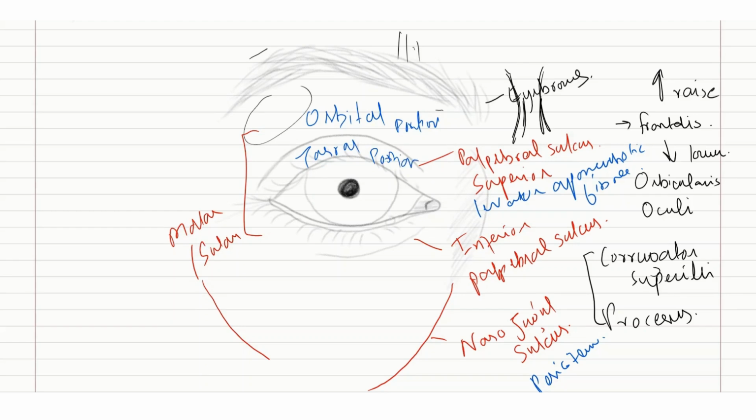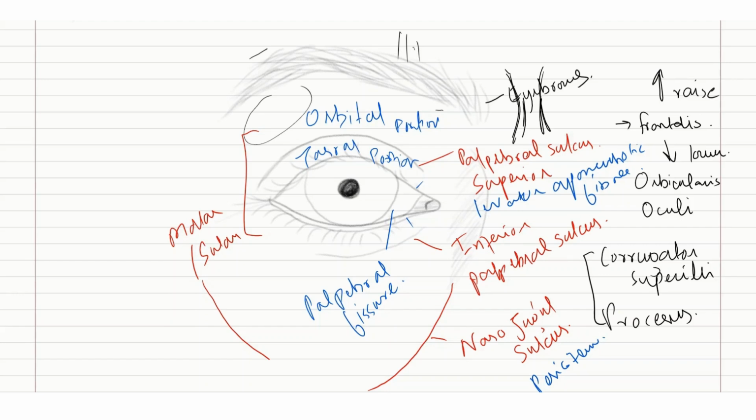Now, we have this elliptical opening between the upper and lower eyelid. This opening is called the palpebral fissure.